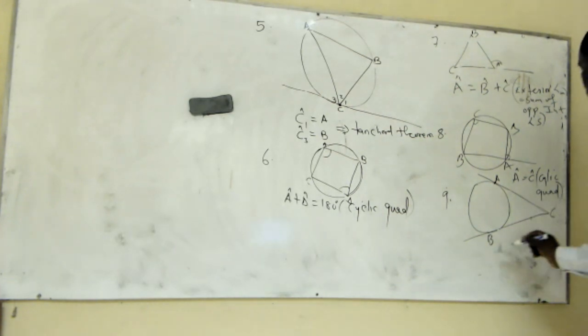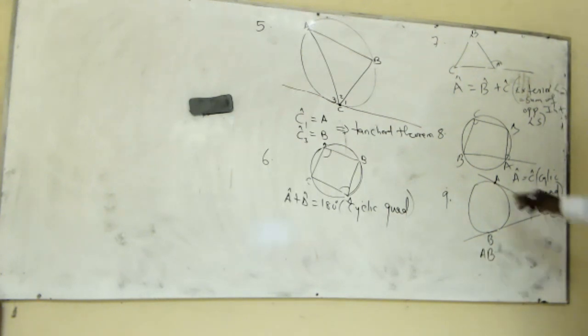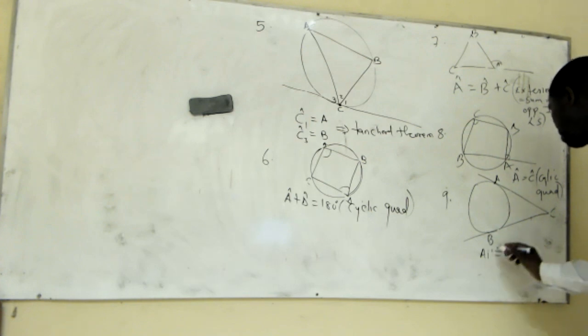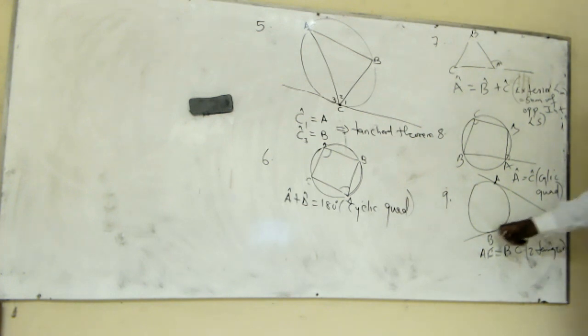So now with this theorem, we are told that the side AC is going to be equal to side BC. Why are these two equal? Because we are given two tangents to the circle.